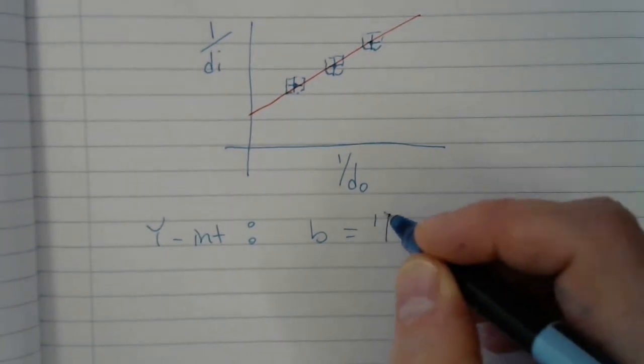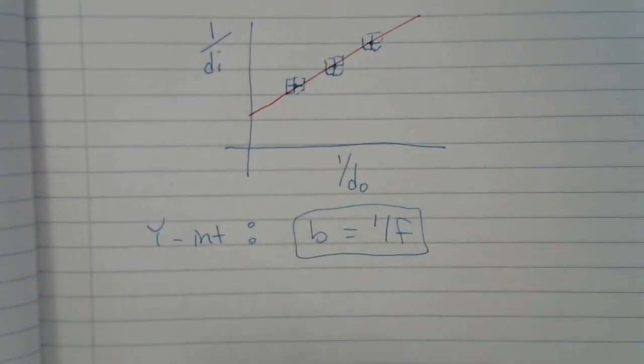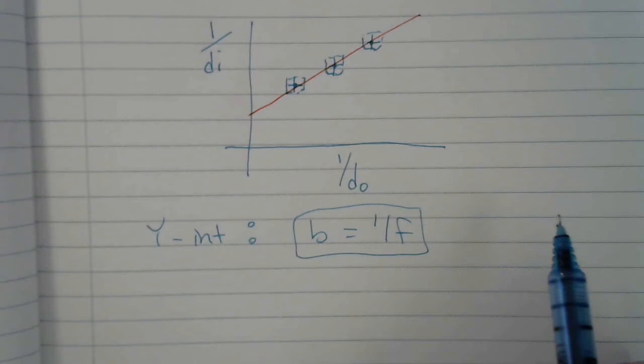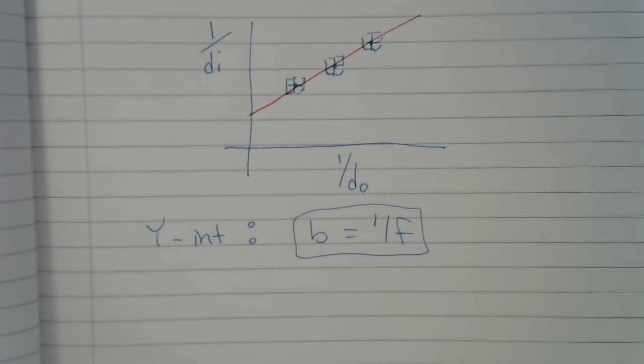And using this prediction, you'll be able to solve for the focal length. And from your experimental value of b, you'll be able to calculate the focal length and its uncertainty based on your graph. So that is how you will obtain the focal length of your lens and of your mirror.